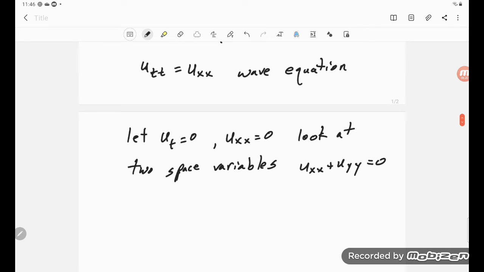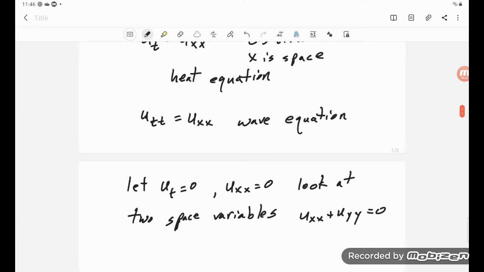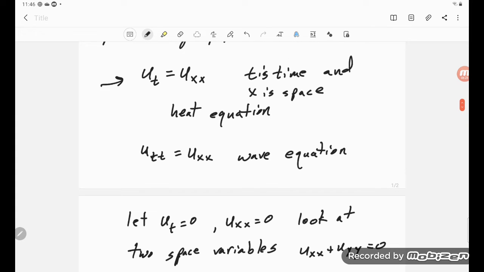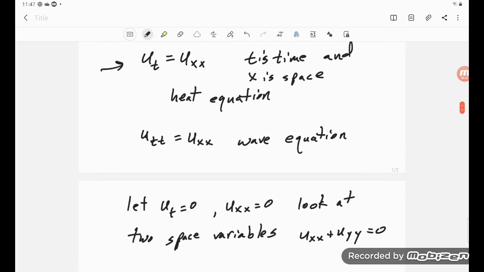But the idea there is, again, if we go back and look at the heat equation, and we say the first derivative with respect to time is equal to the second derivative with respect to space, then if we let this process go on, you could imagine in some cases, if we're talking about heat transfer, that it would reach an equilibrium where the heat in something doesn't change over time.